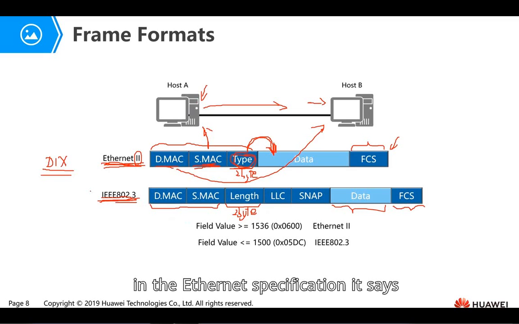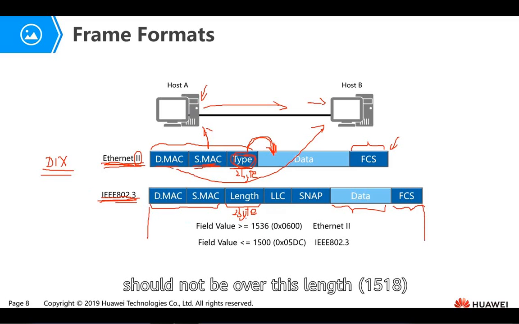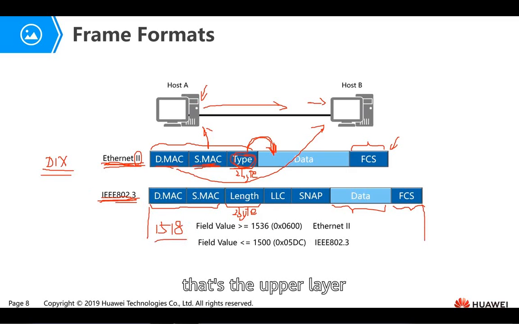The Ethernet specification says that the upper layer data should not be over 1500 bytes.